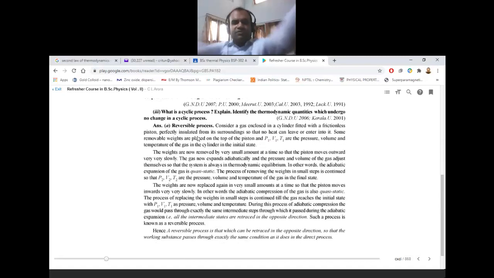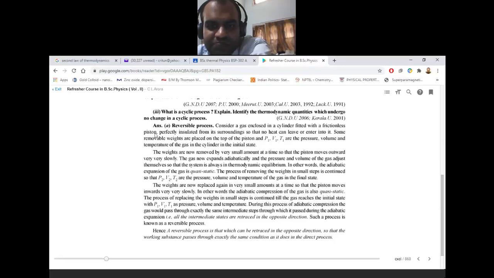So some examples are given. Let me just read it, I'll not explain that much. Consider a gas enclosed in a cylinder fitted with a frictionless piston. Why frictionless? Because if there is friction, some energy will be lost during heating, and for a process to be reversible, we don't want any energy loss.